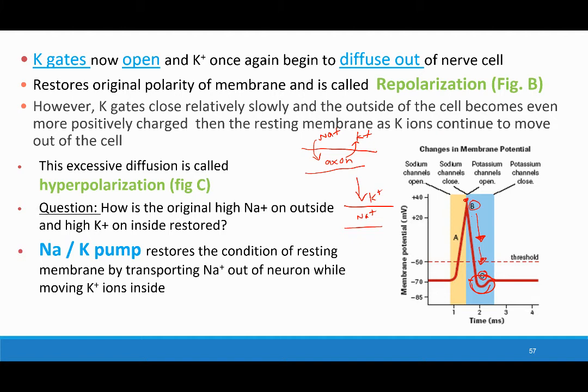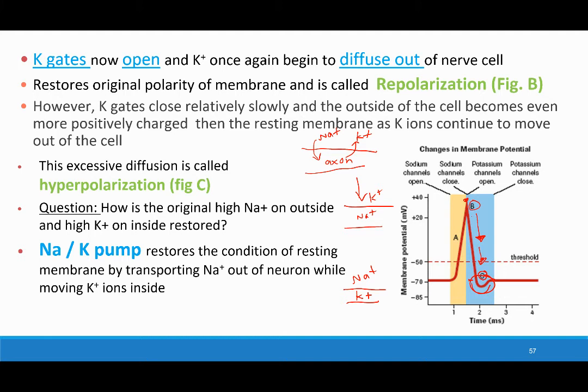And that is the reverse of what we need during resting potential. And a neuron cannot fire another action potential until it has recovered and gone back to our original. Remember, what we're trying to get to is high sodium on the outside, high potassium on the inside during resting potential.